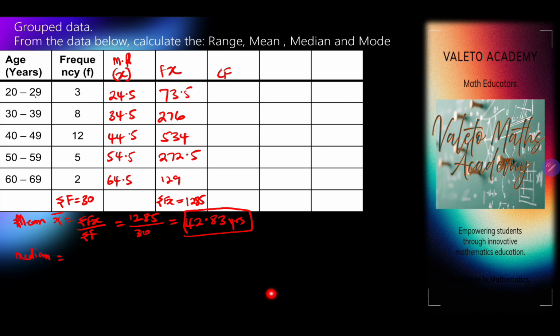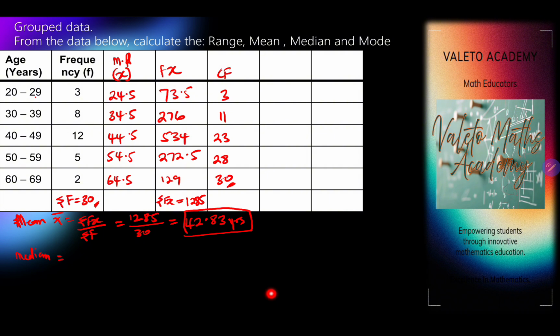Our cumulative frequency is 3, 3 plus 8 is 11, 11 plus 12 is 23, 23 plus 5 is 28, and 28 plus 2 is 30. It must always be equal to your total frequency.